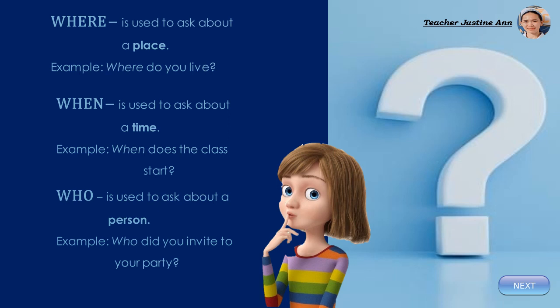For example, when does the class start? And the fourth WH question is who. Who is used to ask about a person. Example: who did you invite to your party?